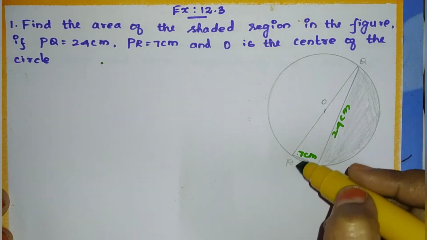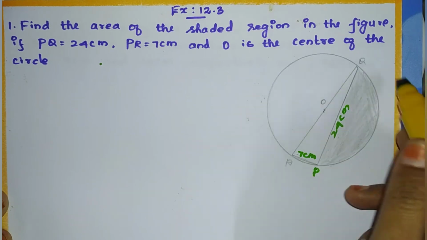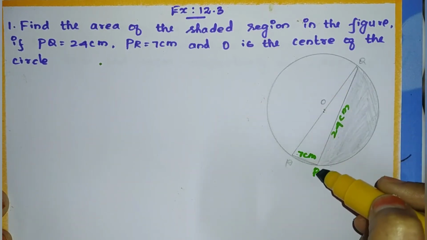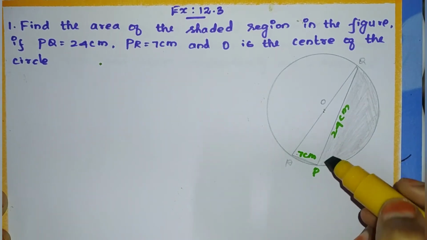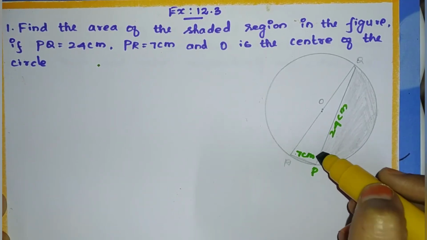Clear children? So shaded portion is equal to area of a semicircle minus area of a right angle triangle.